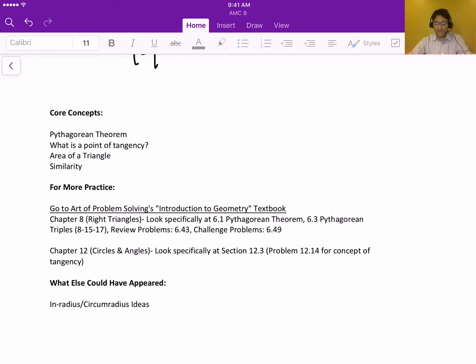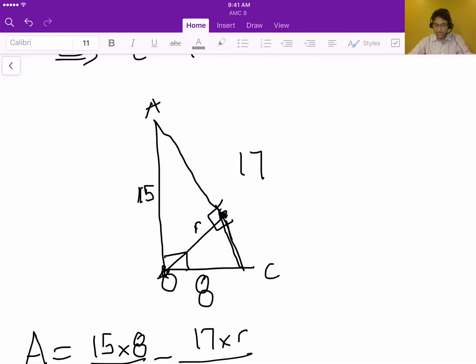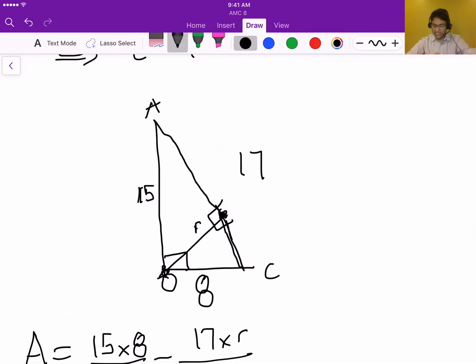Another way we could have done this is actually similarity, because all these triangles here are right triangles. They also have common angles. So let's not call this A, let's call it theta.